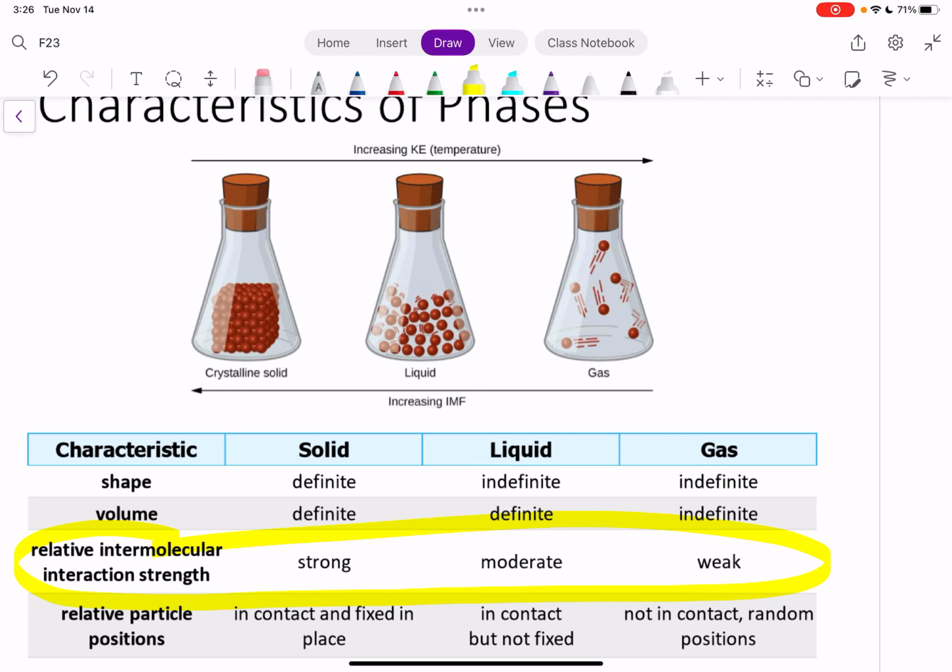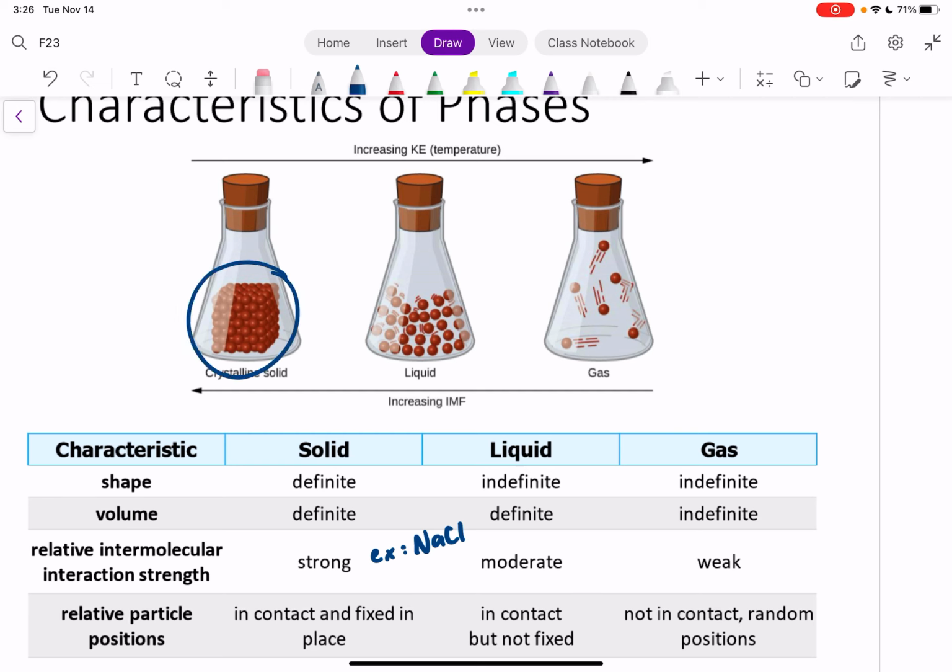So for a solid, a good example of this would be something like NaCl, sodium chloride. Usually we find that in the solid form, right? We said that ionic compounds tend to have really strong intermolecular interactions or forces, and this is true.